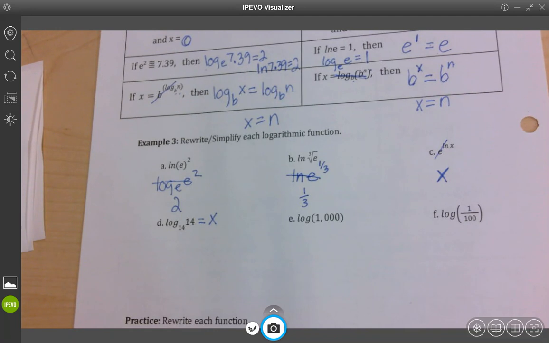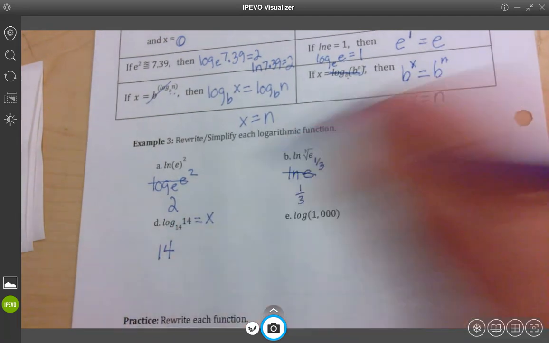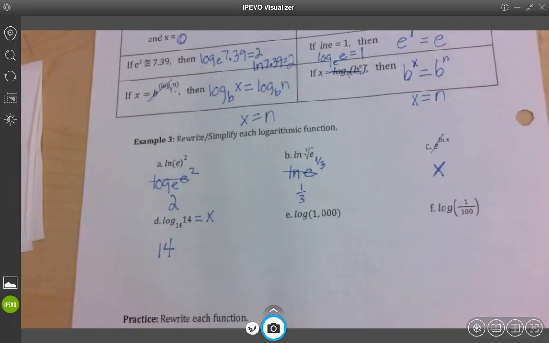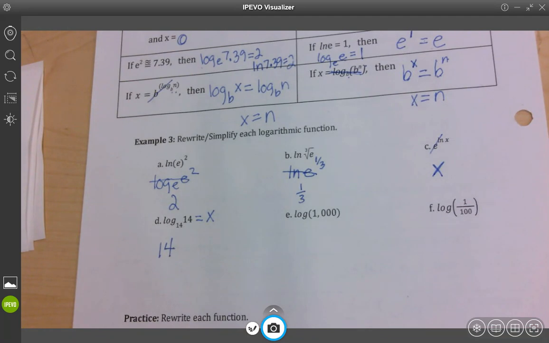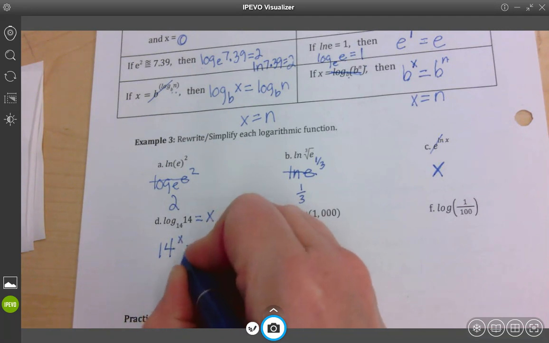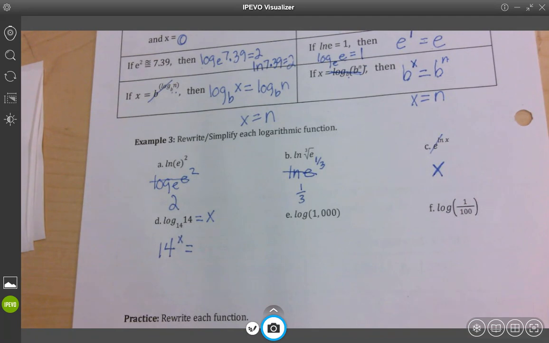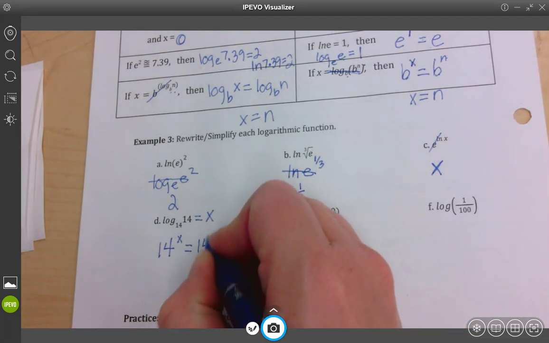So what's the base going to be? 14. So 14 to what exponent? 14 to the x equals the argument, which is just 14. Very good.